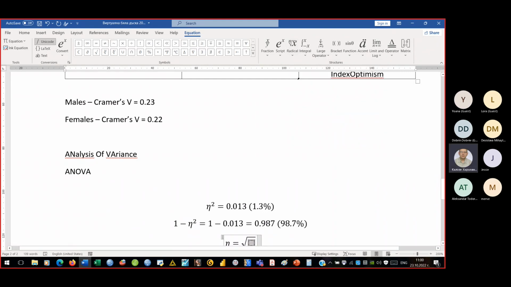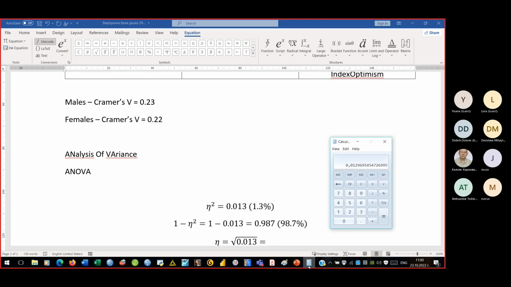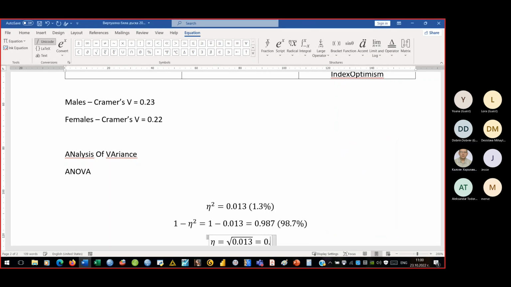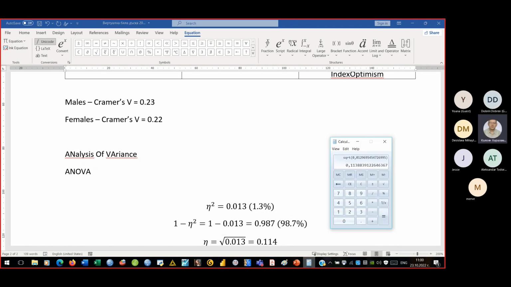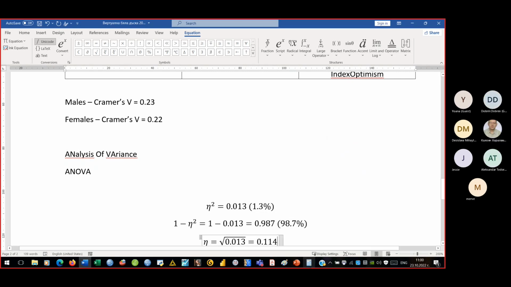In this case, square root of 0.013, and the result is 0.114.